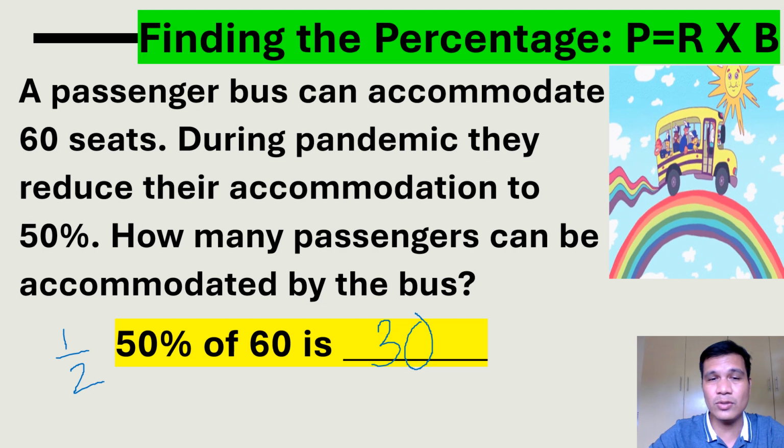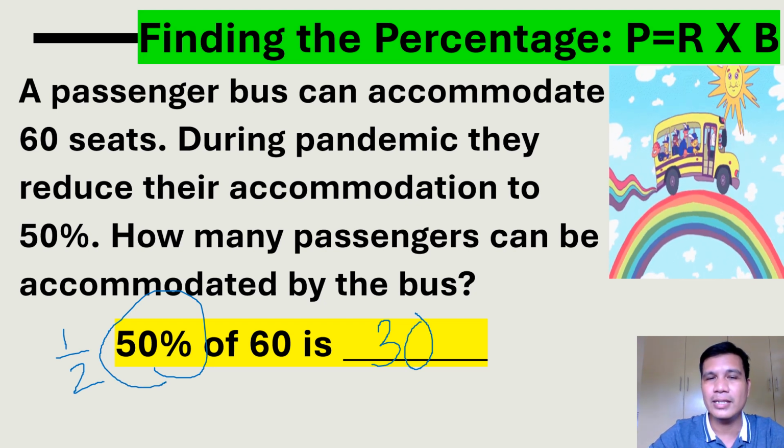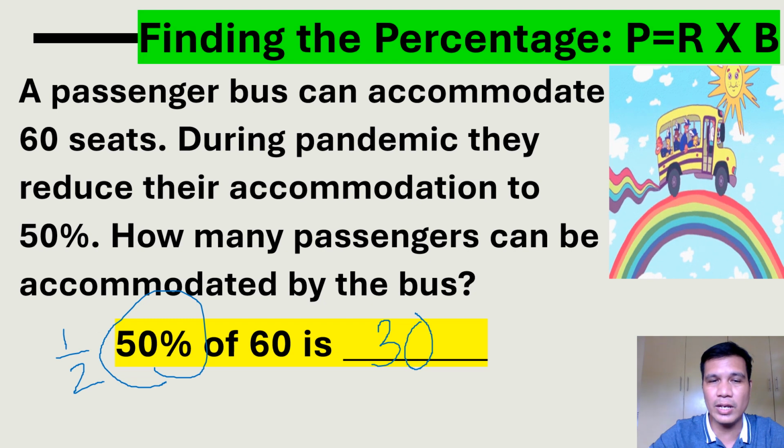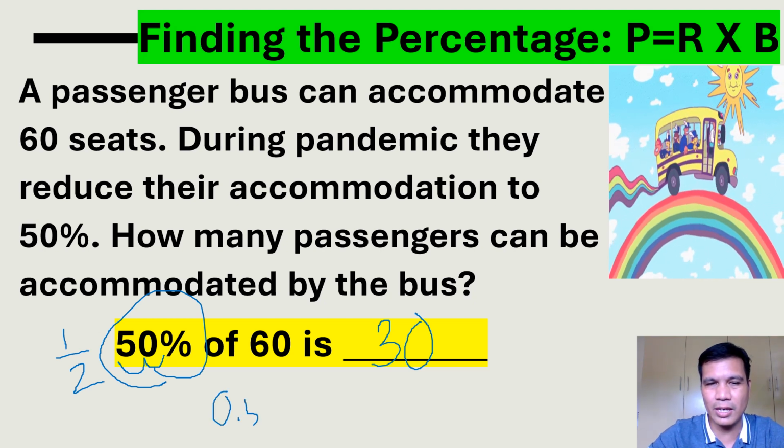So let us try to solve this using the computation. Yung 50%, remember the 50% should be changed first into decimal. Move the decimal point 2 times, 1, 2. It will become 5 tenths. Then multiply it by the base, which is 60.